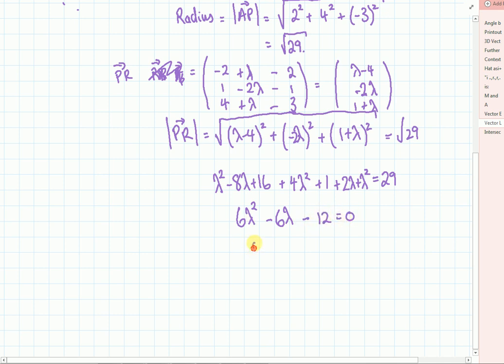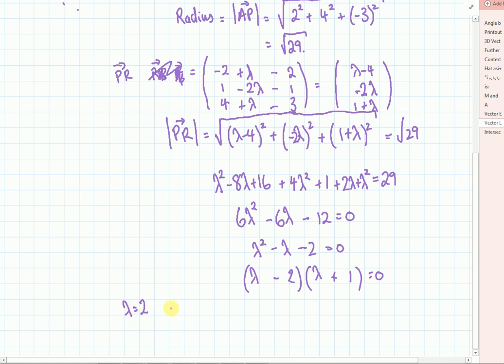Simplify through by dividing by 6. And this gives me two values of lambda: lambda equals 2 and lambda equals minus 1.